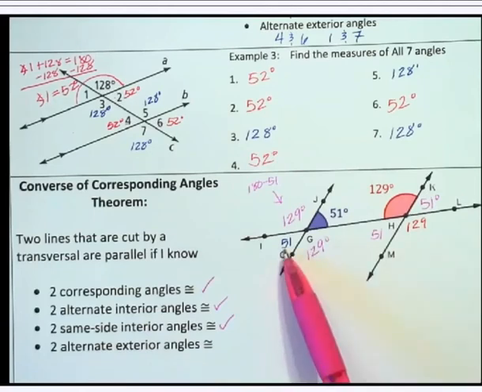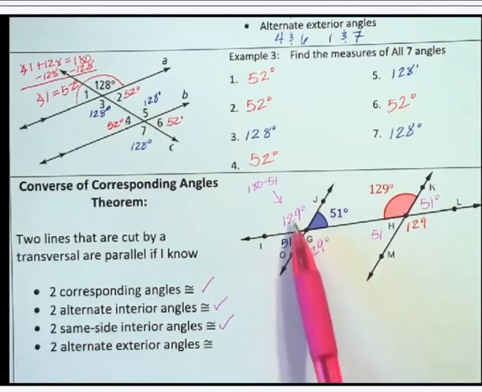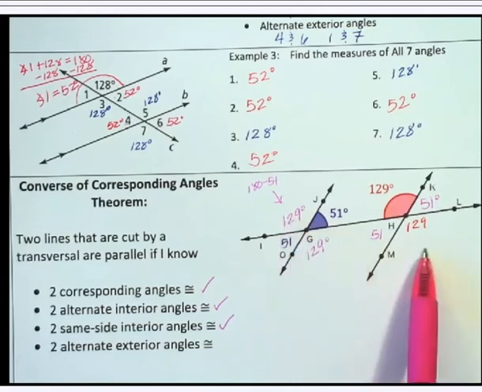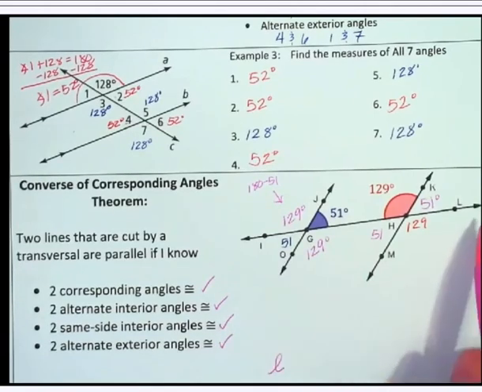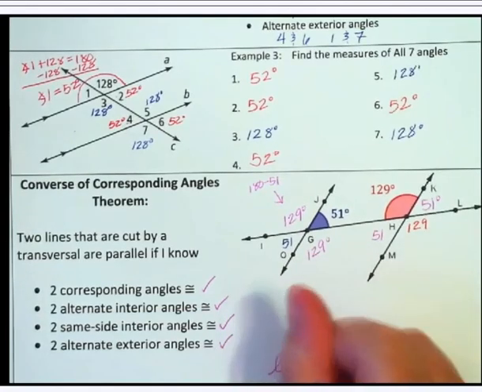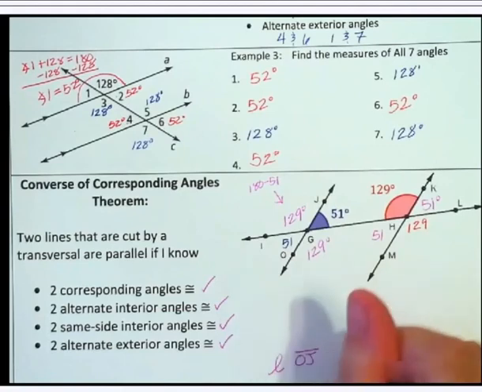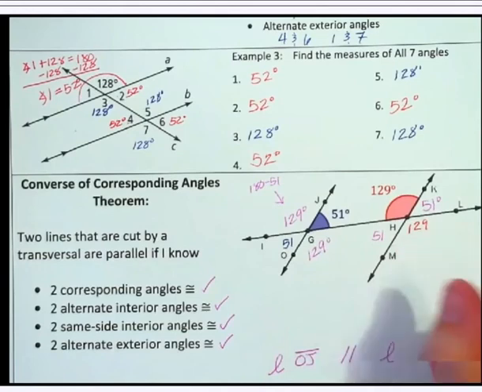Well, 51 on the bottom left, 51 on the top right. Those are the same. And let's do the opposite. 129 on the top left, 129 on the bottom right. So check. So we can now say for sure that line OJ is parallel to line MK.